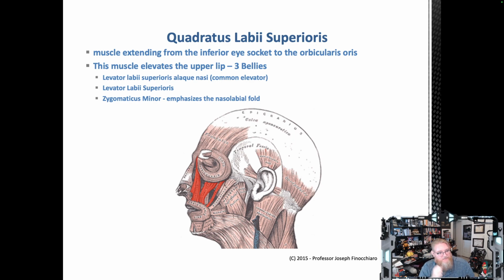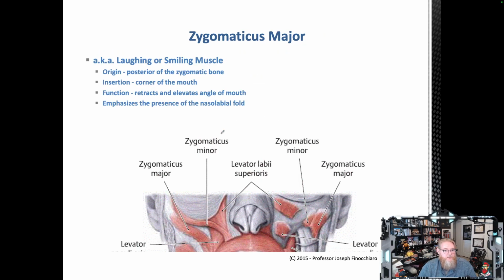It has three bellies. The levator labii superioris aliquae nasi, the common elevator, so that is part of the quadratus labii superioris. You have the levator labii superioris, the zygomaticus minor, which emphasizes the nasolabial fold. You see all of these things right there. You have the zygomaticus major, which is the laughing or the smiling muscle.